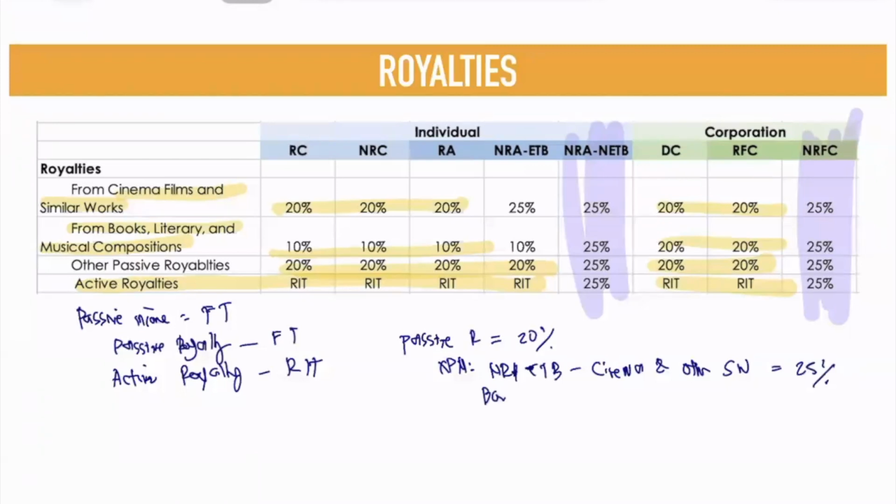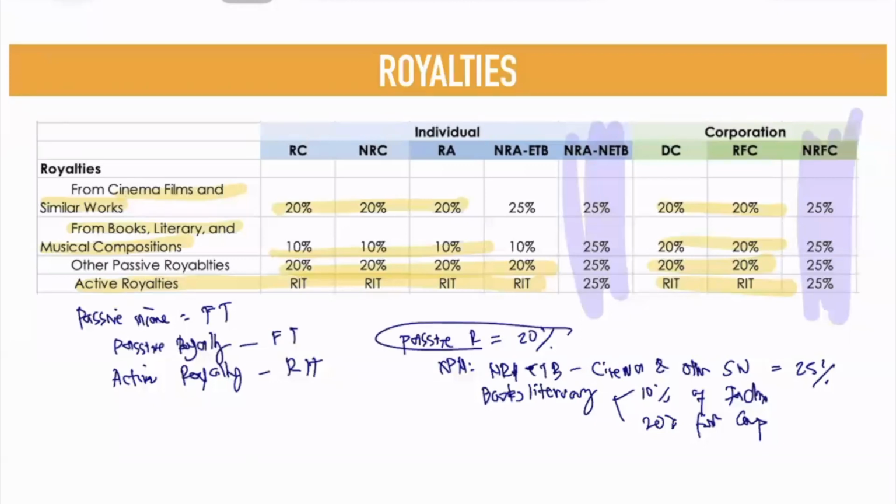Books, literary, 10% for individuals, while 20% for corporations. Okay, ulitin natin. Pag passive royalties, as a rule, 20% siya. So, pansinin nyo, 20, 20, 20, 20.